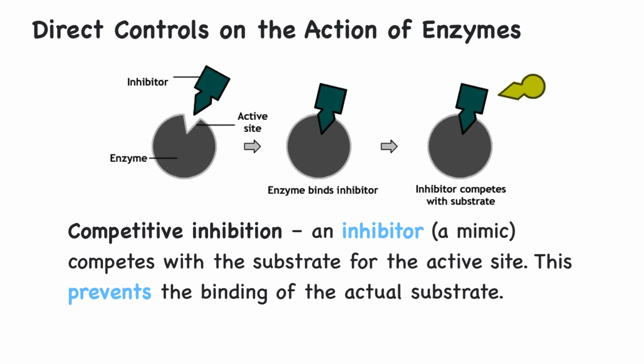Enzyme activity can be further fine-tuned through inhibitors and activators. In competitive inhibition, an inhibitor, which is a mimic, competes with the substrate for the active site. The binding of the inhibitor prevents the binding of the actual substrate, reducing enzyme activity.